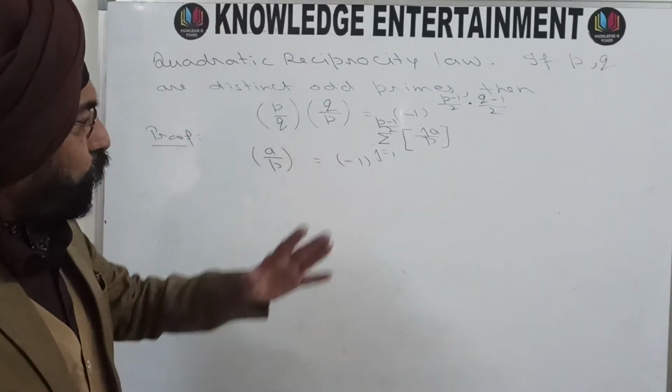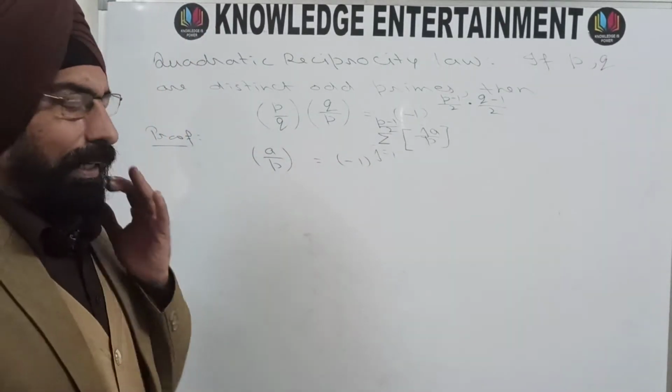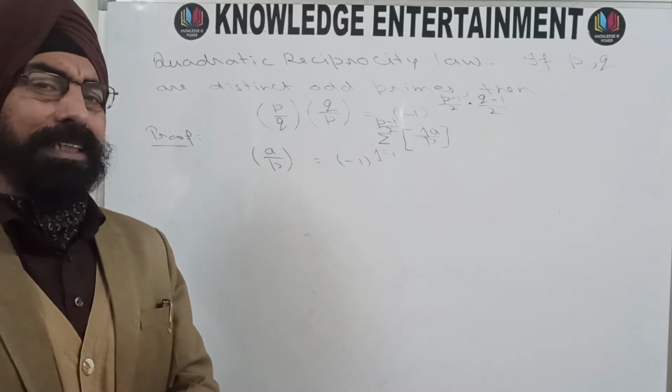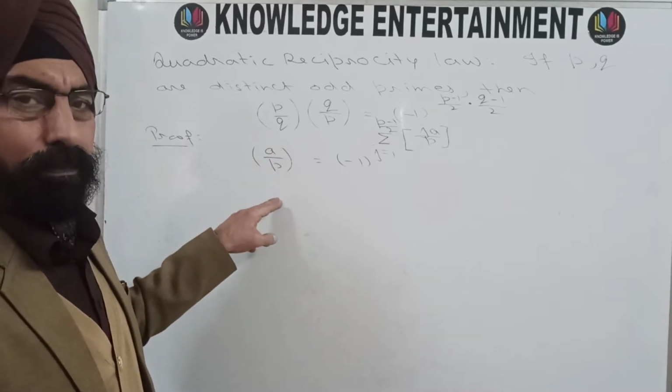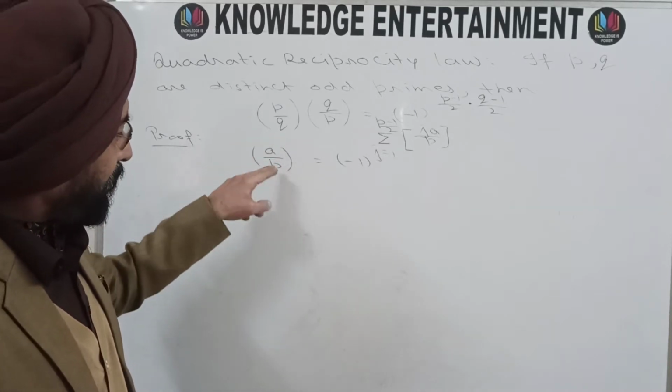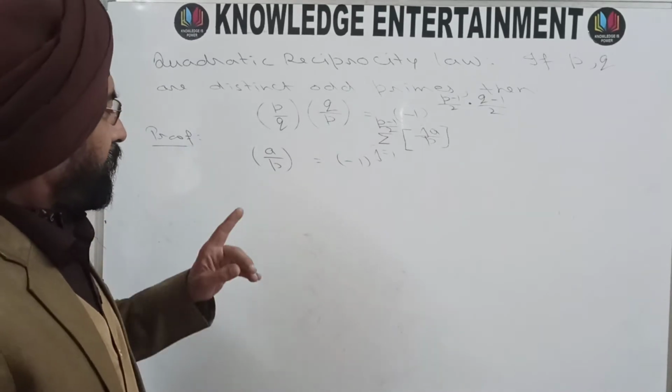This we proved in the previous video, and now I am going to use this theorem. Here p and q are both distinct odd primes, so definitely GCD of p and q is 1, which was the preliminary condition in this theorem, that GCD of a and p should be 1.